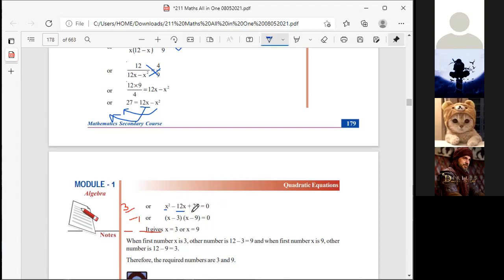Keep 27 as it is on that side and write equal to 0. Now you need to take this number 27 and split it in such a way that if you add them, you should get 12. Tell me which two numbers will give you 12. 9 threes are 27. Am I right?